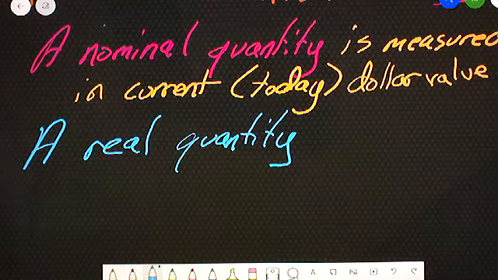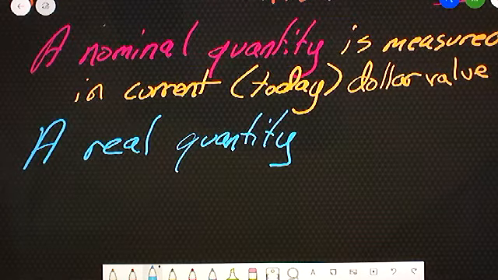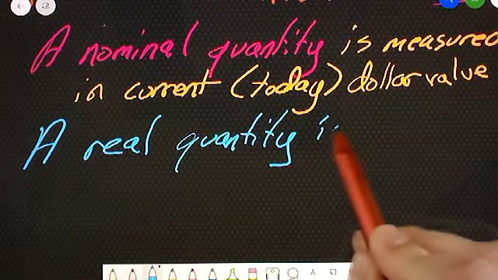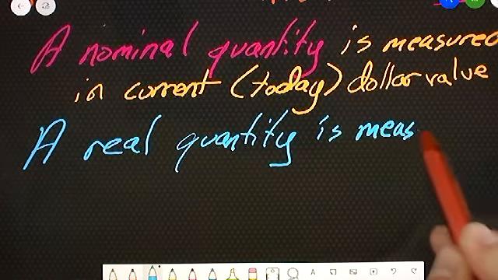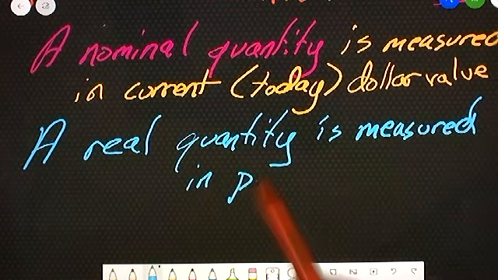The other reason is that it's a measurement in physical terms.